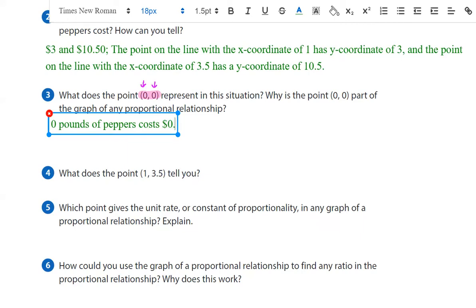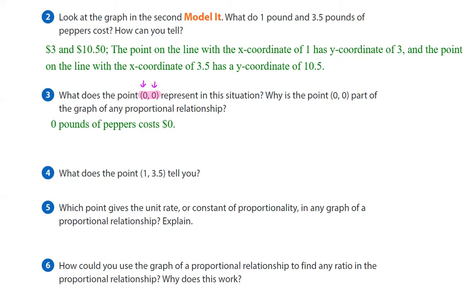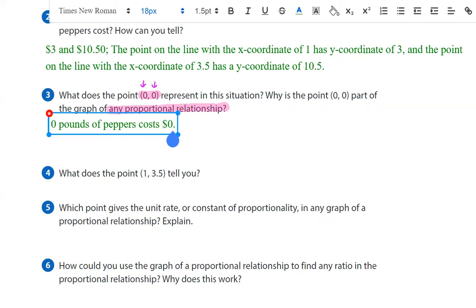There you go. But now the second part of the question, why is the point 0, 0 part of the graph of any proportional relationship? Remember, I said at the beginning that one of the important things for it to be a proportional relationship is that it must pass through 0, 0.